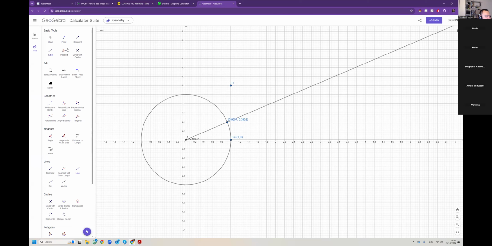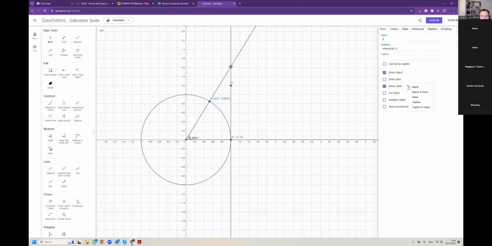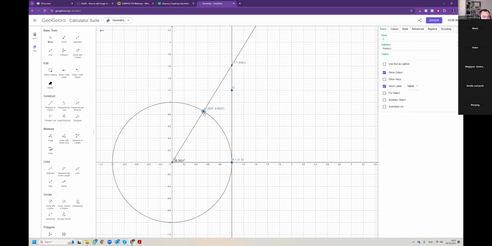And we need another point, E. So if I move this angle, you can see that the x coordinate is always 1, but the y coordinate changes.